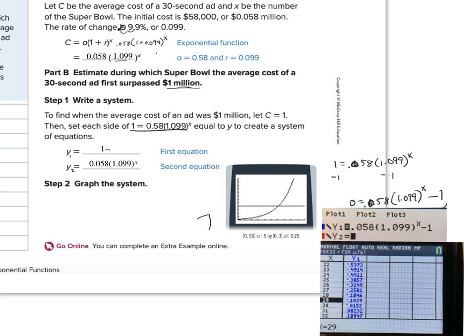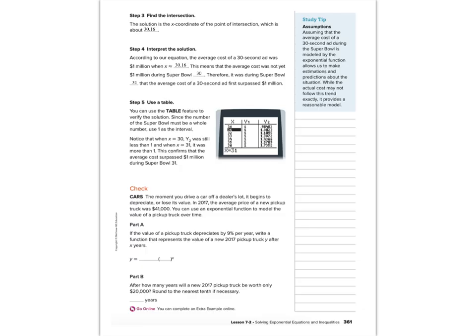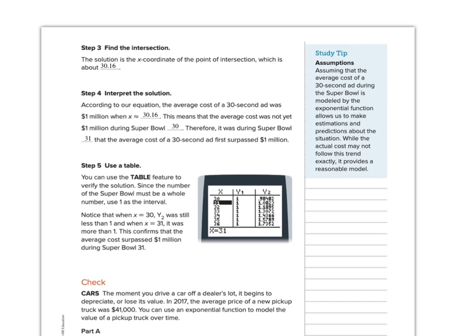So in this method, we needed to find the intersection point with the related function. We would have to find your 0. According to their answer, the solution to the x-coordinate of the point of intersection is about 30.16.